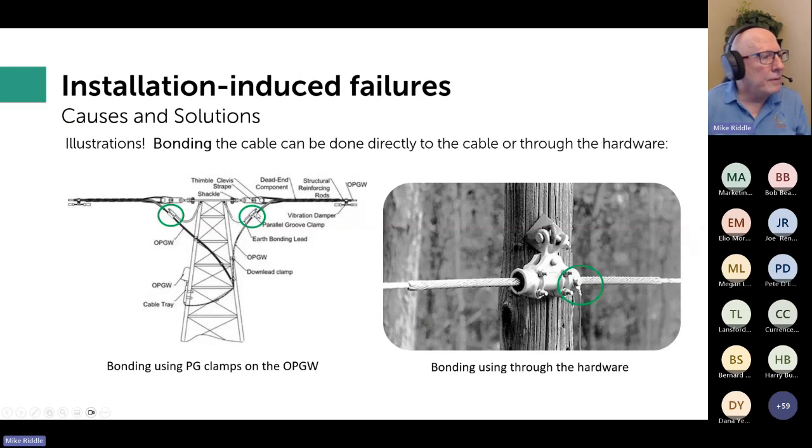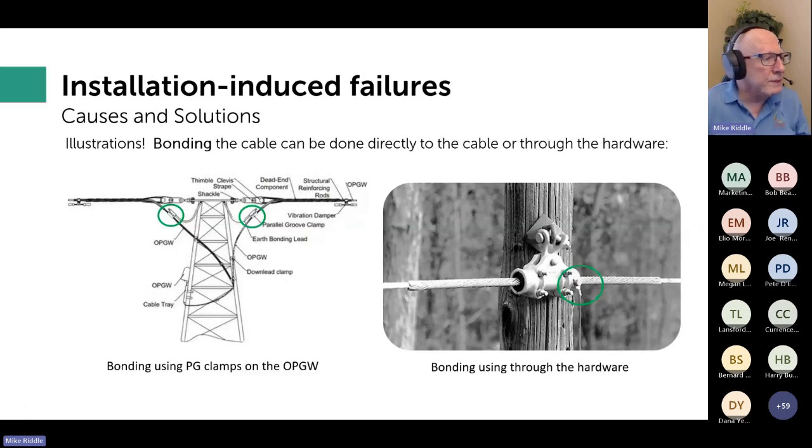So the cable at this point is at the same potential as the tower, and it's at the same potential over here. That potential, if there's not a good ground at the bottom, might not be zero. It could be some number, but at least everything is at the same potential.